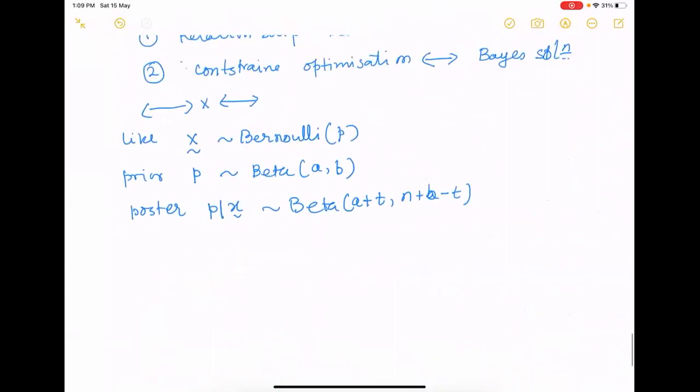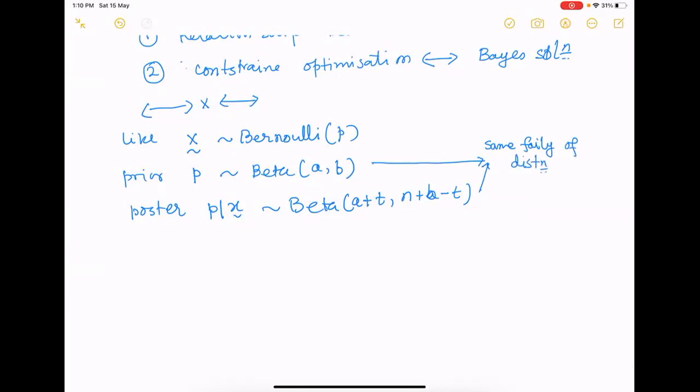You notice this prior and posterior belong to the same family of distribution.